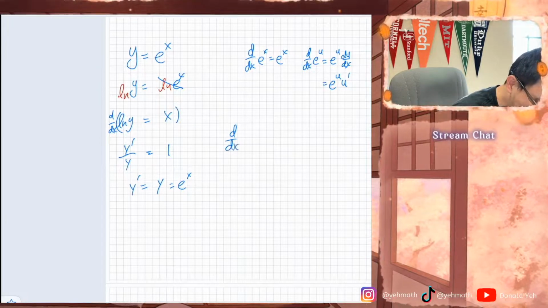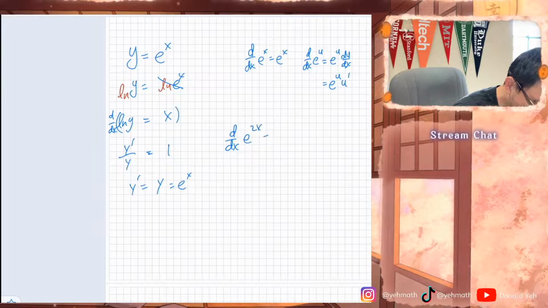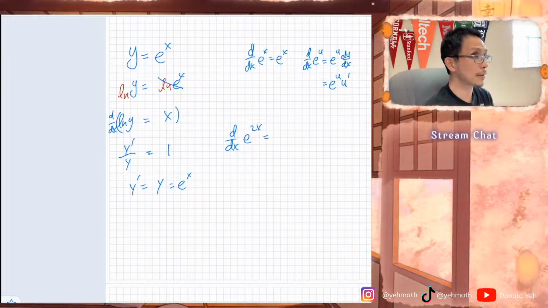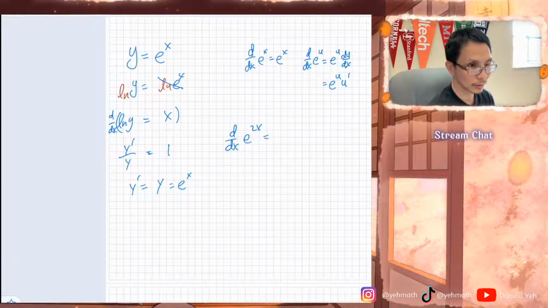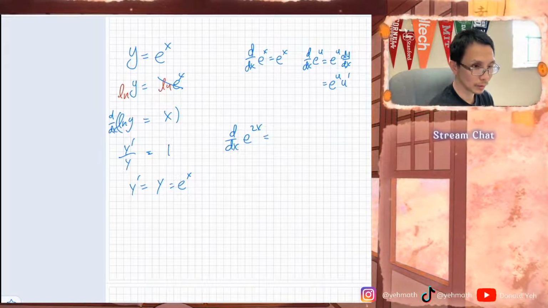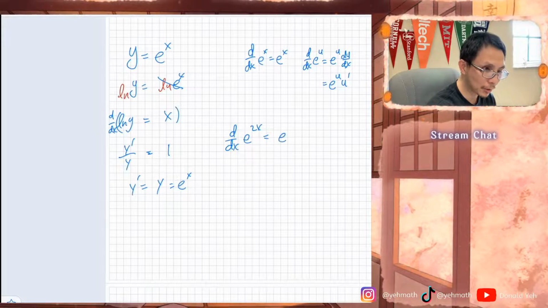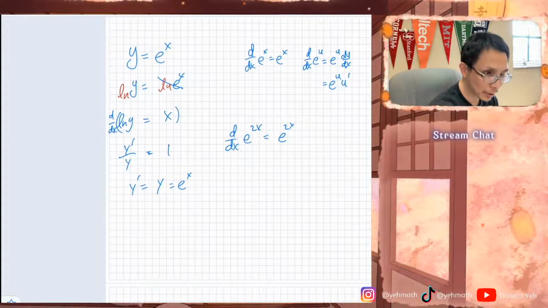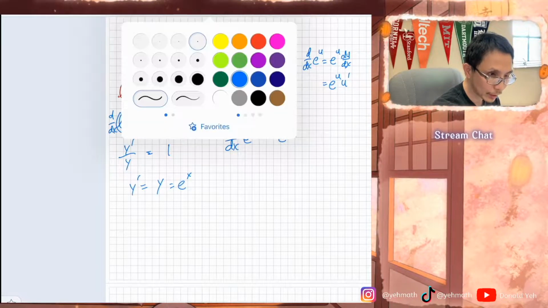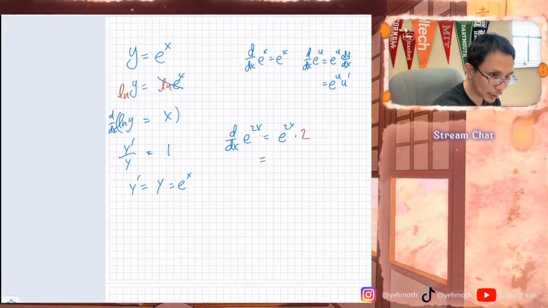If I have d/dx of e to the 2x, what do you think the derivative is? It's pretty easy. You write down the original function, and you take a derivative of the 2x, which is 2. That's the chain rule.